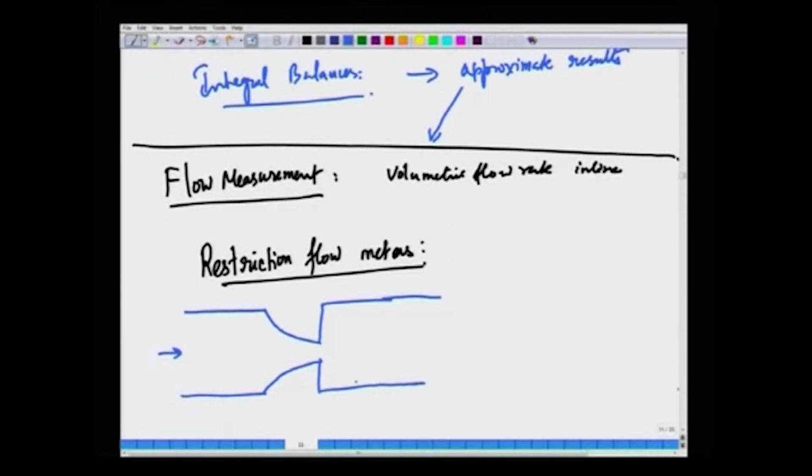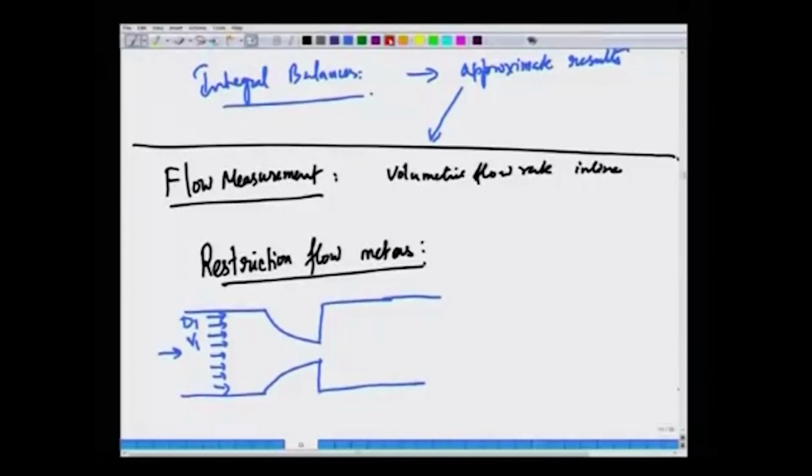Fluid is flowing upstream with some pipe diameter, let us say d1, and let us call this station 1. There is an average velocity V1 that is entering, normal to this control surface.